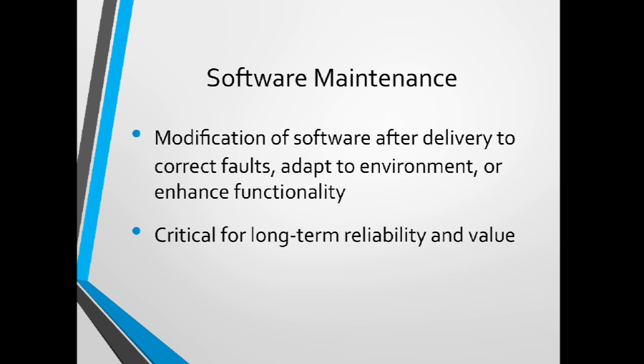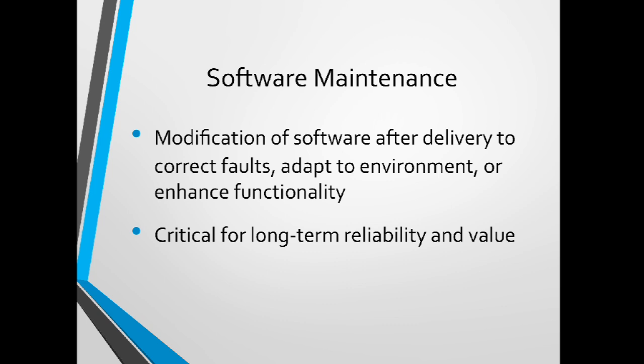Some updates fix bugs you might not have even noticed, like a glitch in a camera filter. That's about correcting faults. Others might make the app faster or use less battery. That's about improving performance. A major update might be needed to make the app compatible with the latest version of iOS or Android.